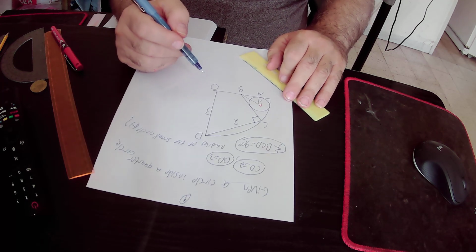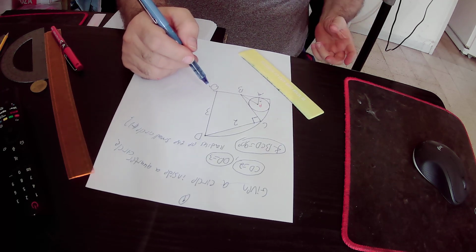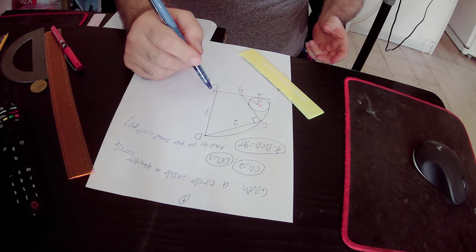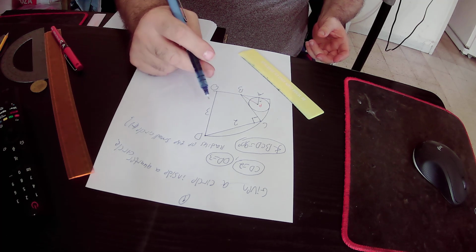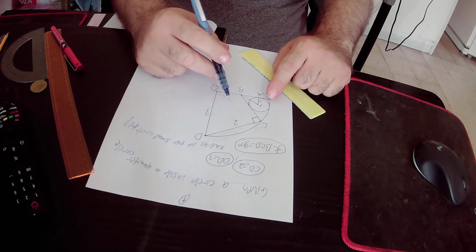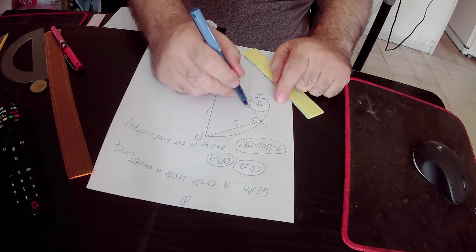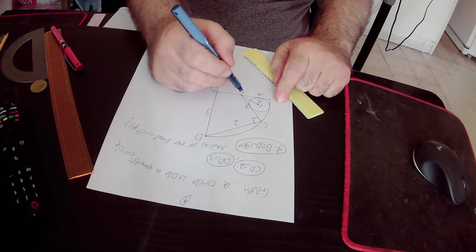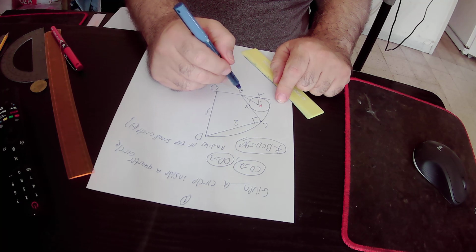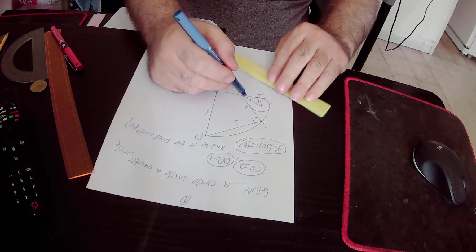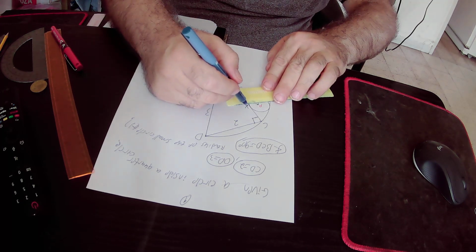And we will define the touching point between line segment CB and the small circle as point X. Then we will join points P and X together by a straight line.